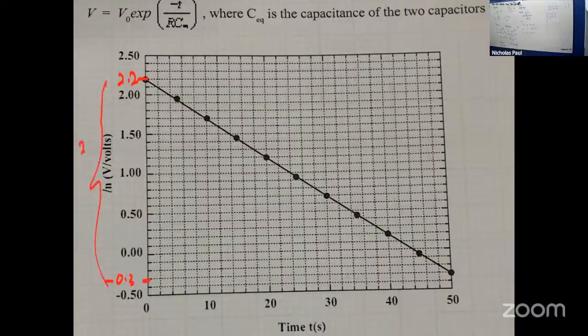This is 2.5 and the width is 50. So for my gradient, I got 2.5 over 50. I get what? 0.05. And what is the gradient equal to?